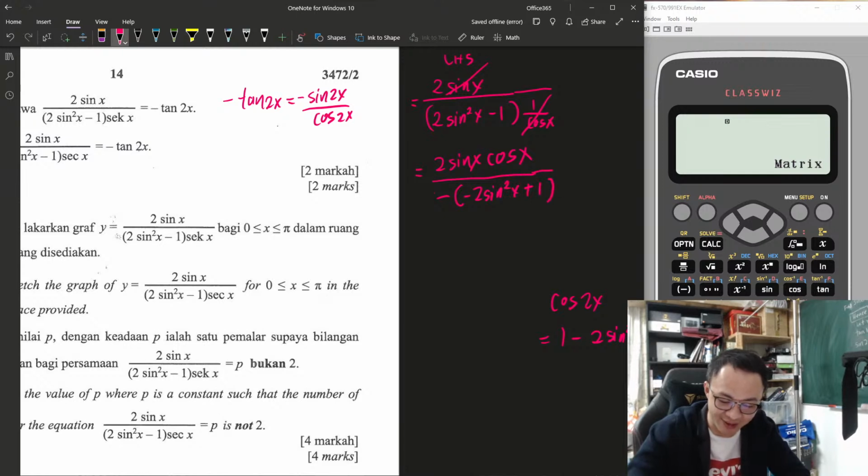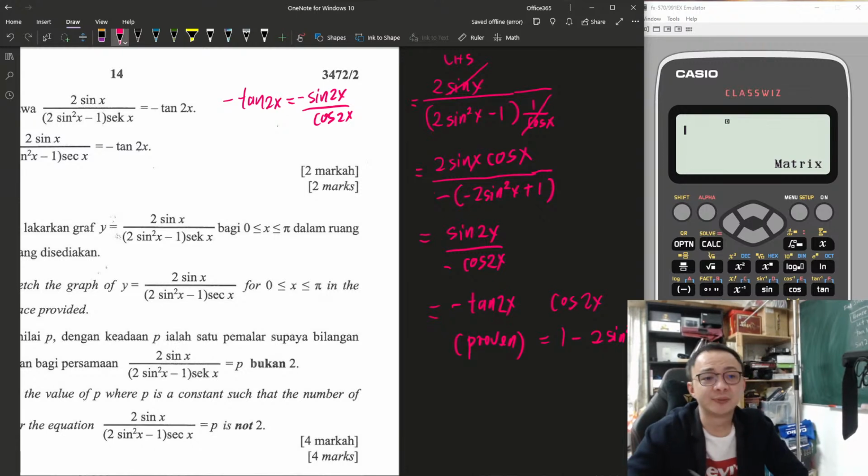This is exactly the same as cos 2x. So the top will be sine 2x, the bottom will be negative cos 2x. Sine 2x over cos 2x is tangent 2x, so it's negative tangent 2x. They ask us to prove, so I will just say proven.